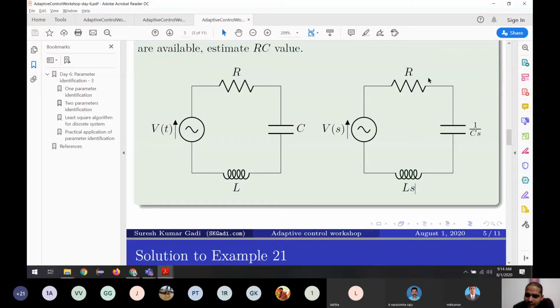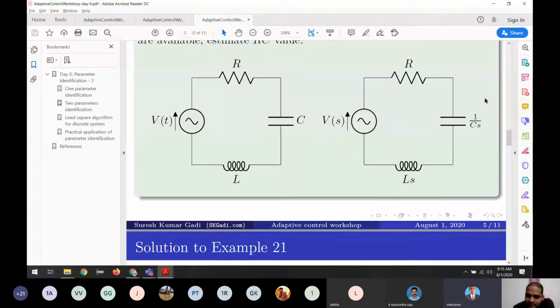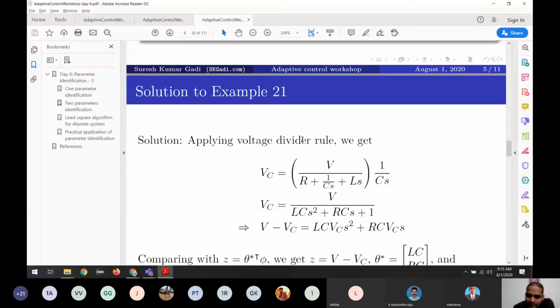So what we have is three resistances in series. So what is the current? The current is equal to the voltage divided by all these three resistances, right? Yes, sir. It's applying the voltage divider rule. So the current is the voltage divided by all the three resistances.